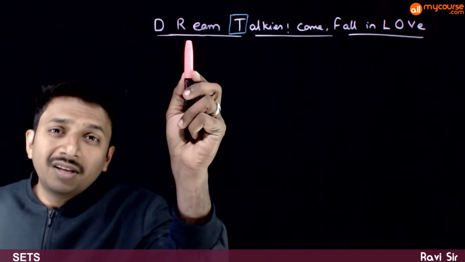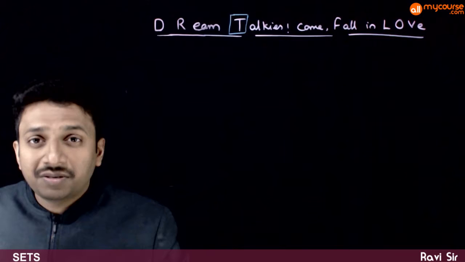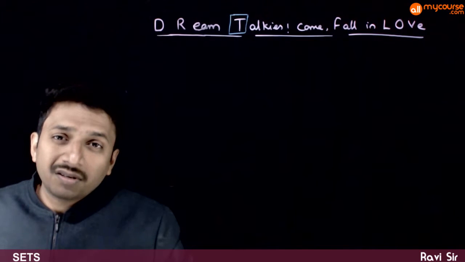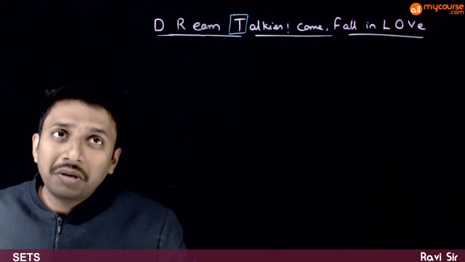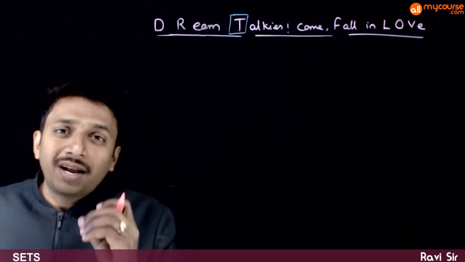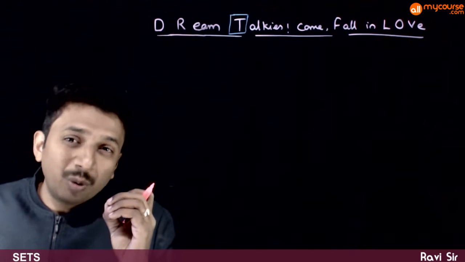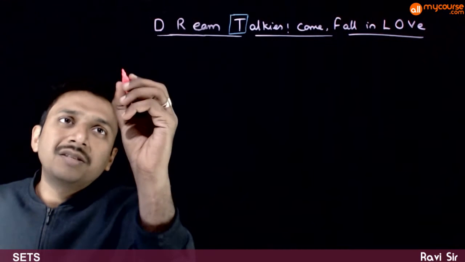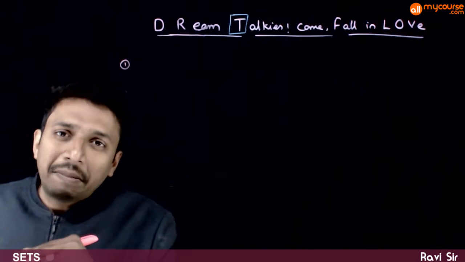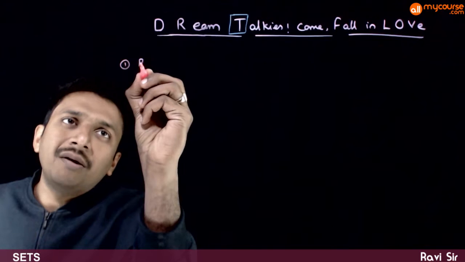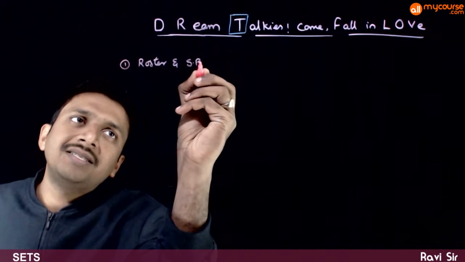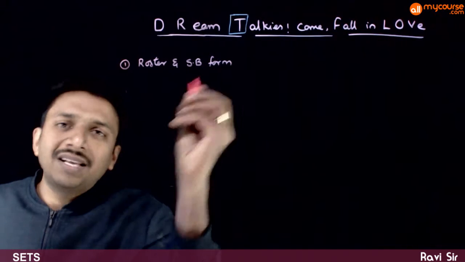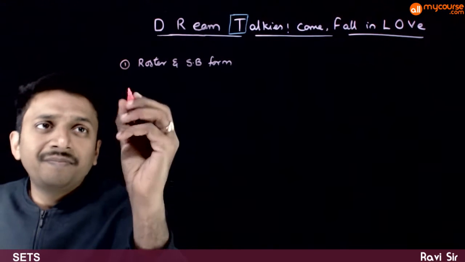In these 3 topics, not many problems will be asked in the exams, but if you look at the types of problems that might be asked from your very basic understanding, the problem types might be based on your understanding of roster and set builder form. So questions might be asked based on this understanding.